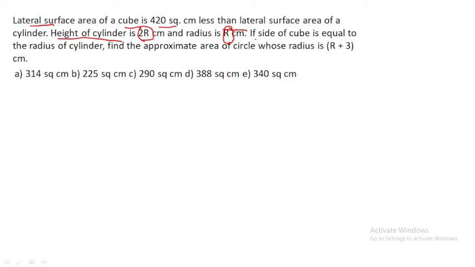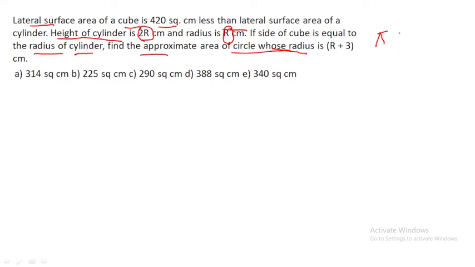If the side of the cube is equal to the radius of the cylinder, find the approximate area of a circle whose radius is r plus 3 centimeters. So we have to find the area of a circle, and we know that the formula for the area of a circle is pi multiplied by the radius of the circle, right?